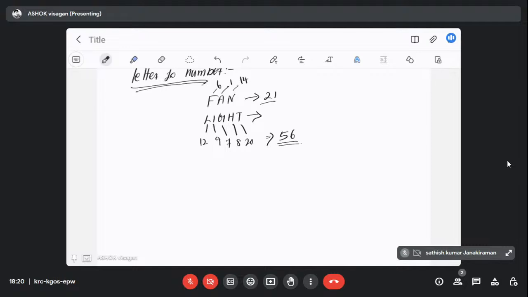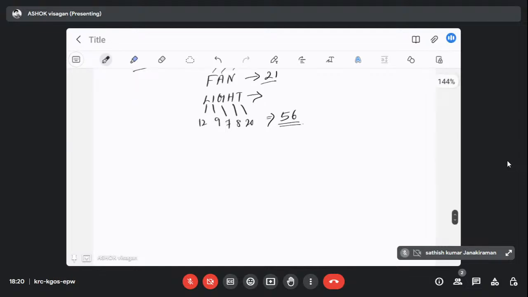I'll give you one more example. You people just try to solve the question. For example, I'm taking the word chair. Chair is coded as 40. Mobile is coded as 60.